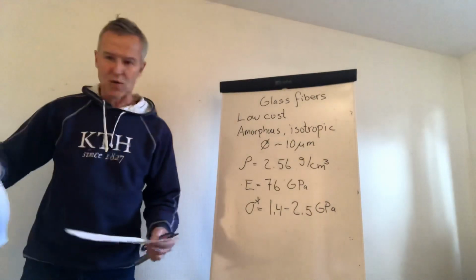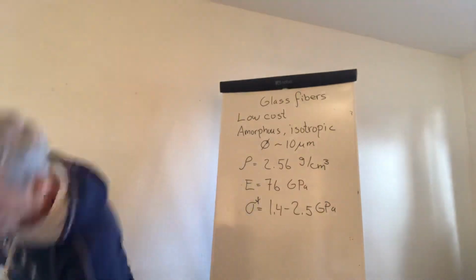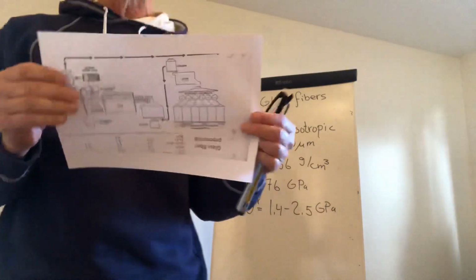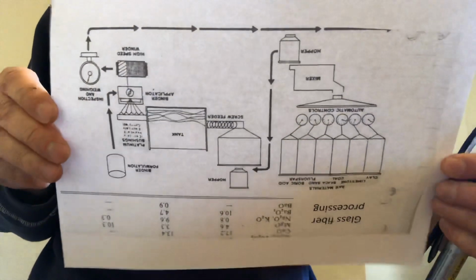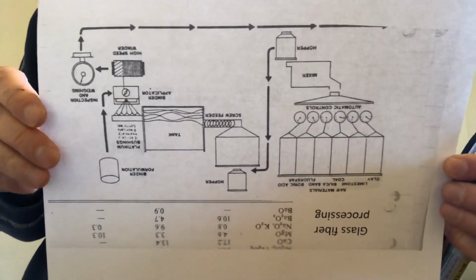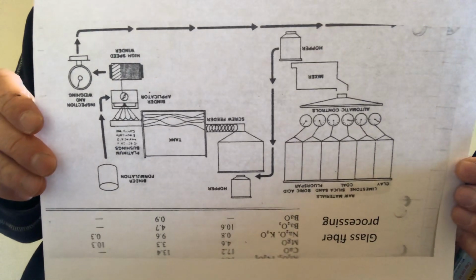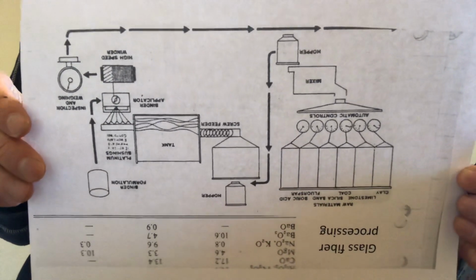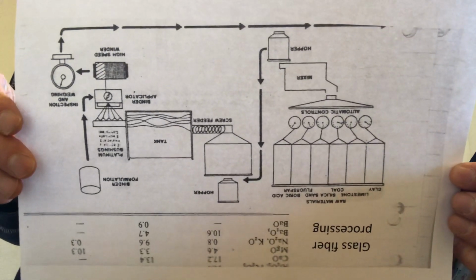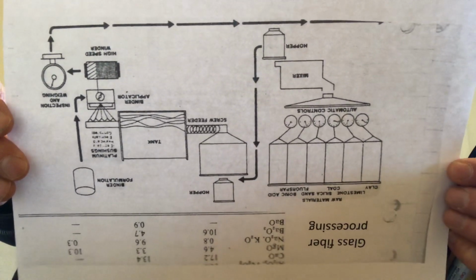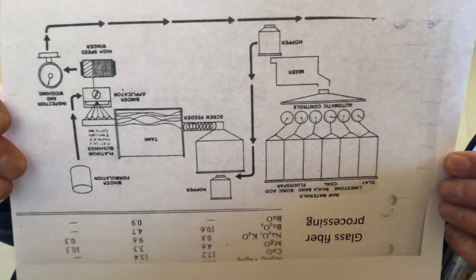Of course, there are also other components, but this is an image of how the processing is done industrially. You see that the sand is mixed with other components, and then this is molten, and it is fed into a large container.